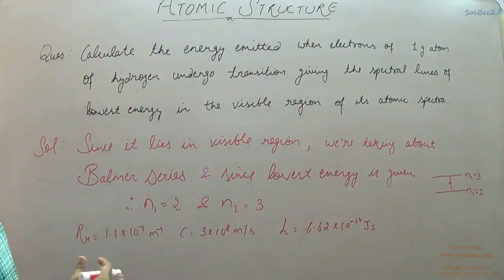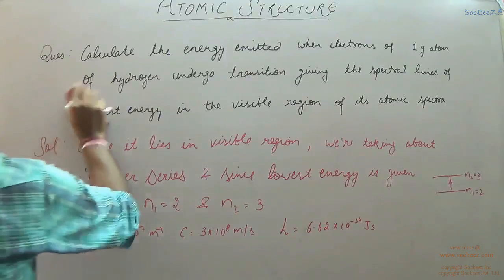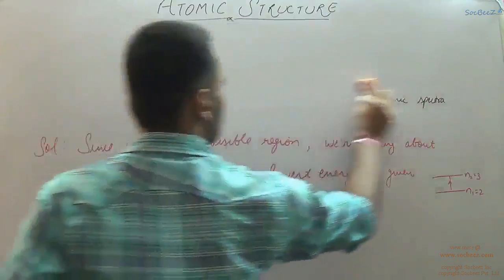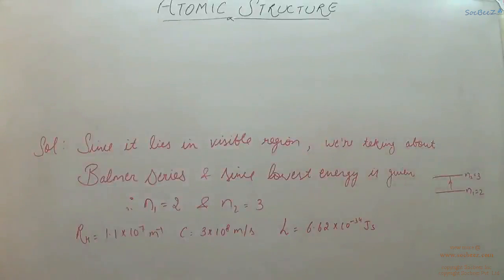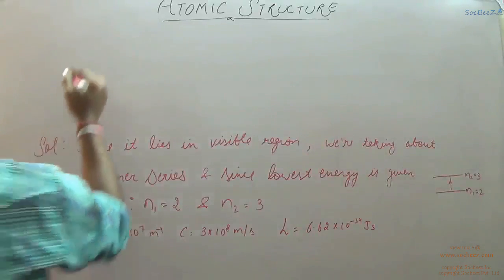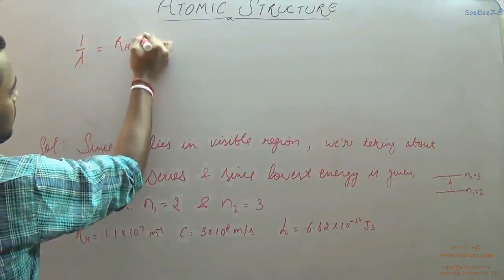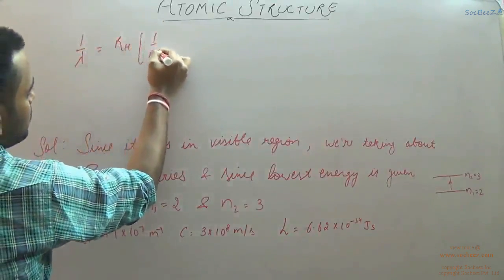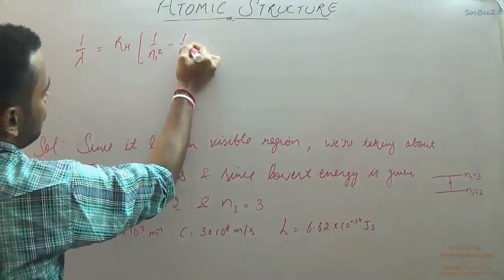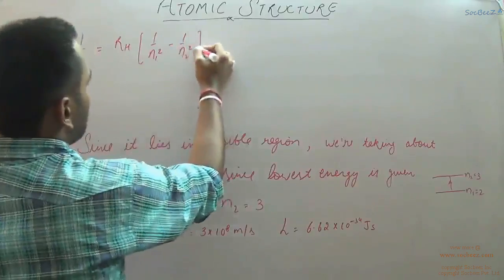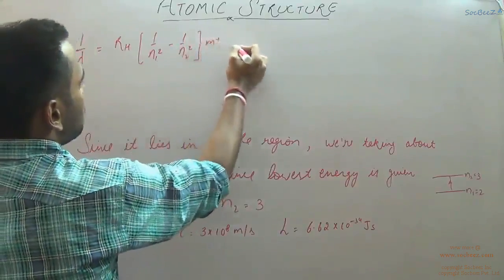Now we are supposed to use only one formula, the formula for line spectrum of hydrogen: 1 upon lambda equals RH into (1 upon N1 square minus 1 upon N2 square), which is in per meter.